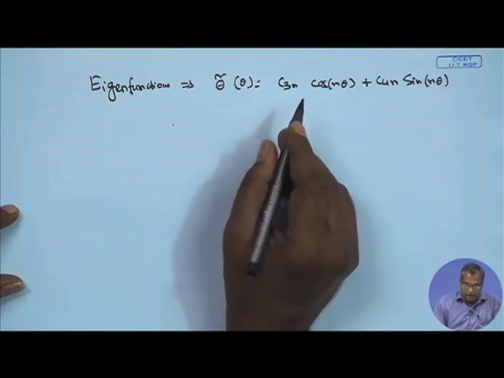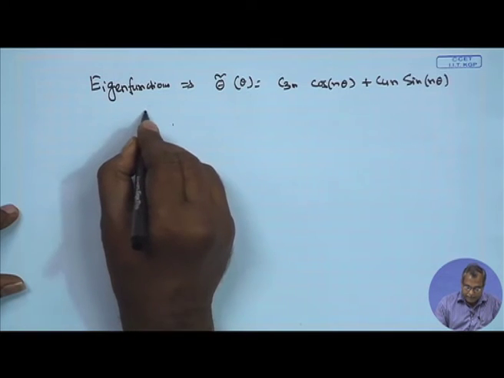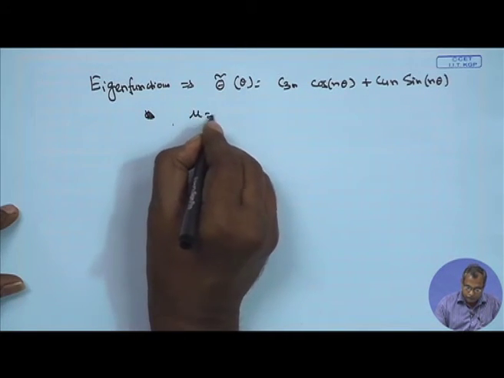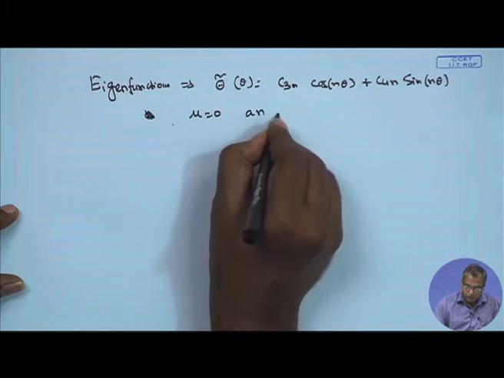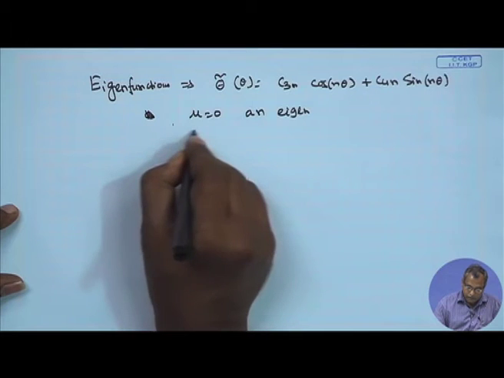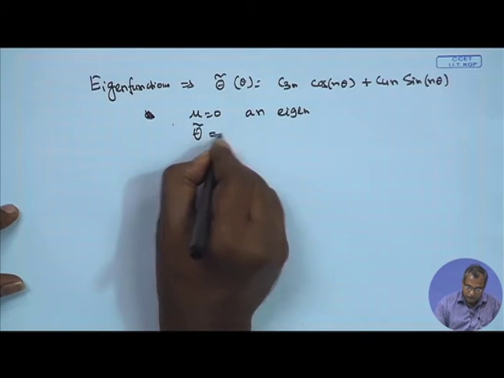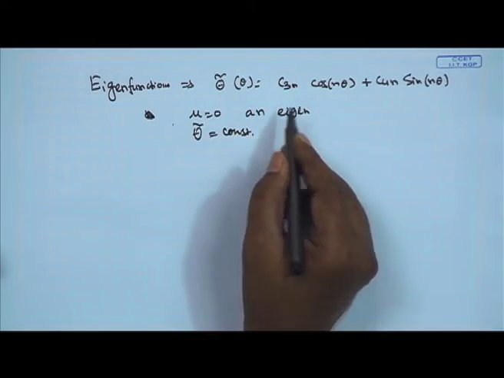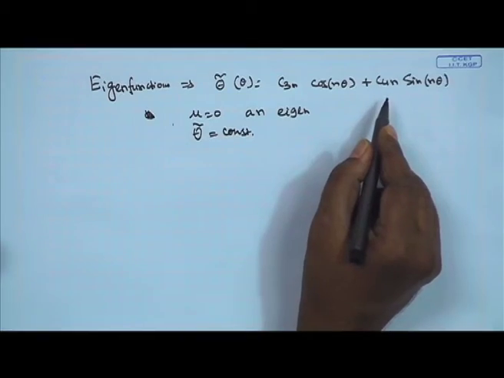Now if you remember, the constant mu equal to 0 was also an eigenvalue to this particular problem, and the eigenfunction is constant. So therefore we can in general write the eigenfunction in this form, but in this particular form n starts from 1 to infinity.